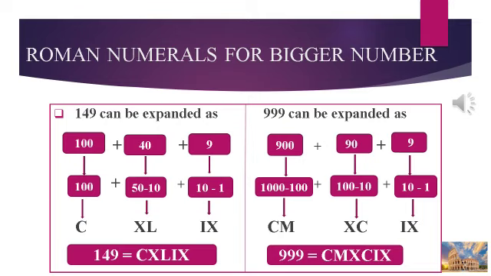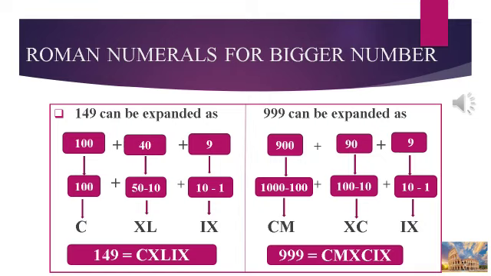Here on the screen you can see 2 numbers written. The first number, 149, can be expanded as 100 plus 40 plus 9, where 100 can be written as the symbol C. 40 can be written as 50 minus 10, that is XL, and 9 can be written as 10 minus 1, that is IX. Therefore, 149 is equal to CXLIX.